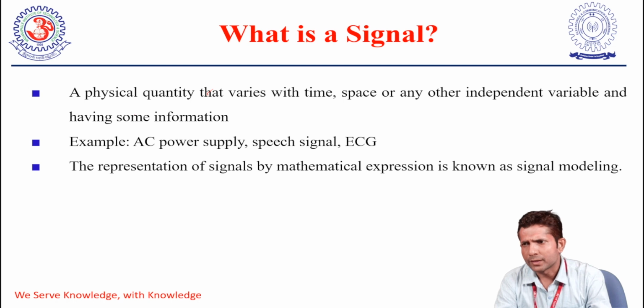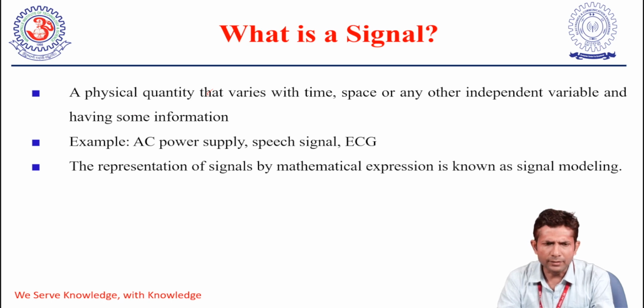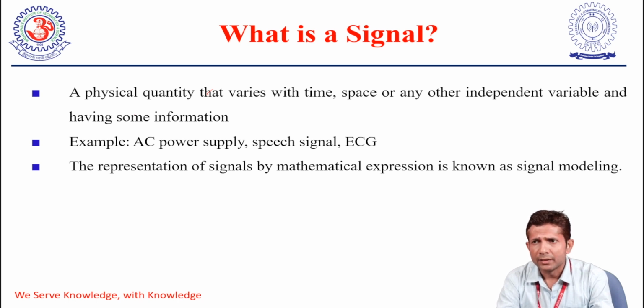In summarized form, we can say that signal modeling is nothing but the mathematical representation of any signal. Like, we can represent a sinusoidal signal or AC wave with the help of sine and cosine. So that mathematical expression is the modeling of the AC wave. We can represent the simple harmonic motion of a simple pendulum with a mathematical equation.